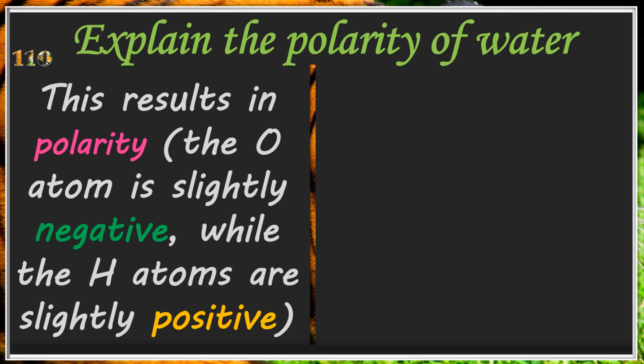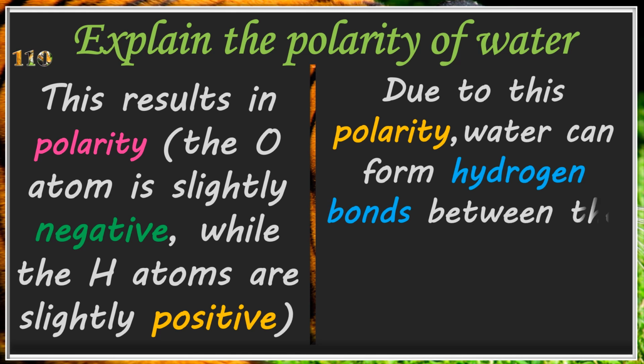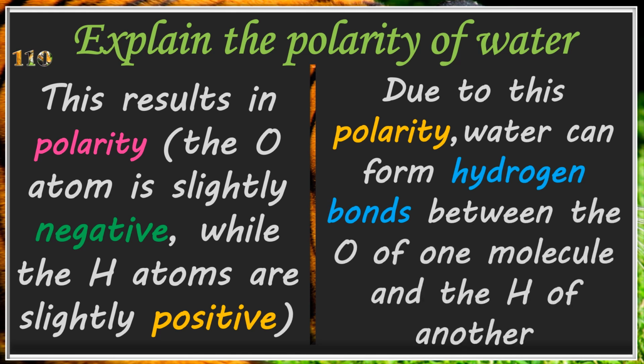The oxygen atom is slightly negative, while the hydrogen atoms are slightly positive. Due to this polarity, water can form hydrogen bonds between the oxygen of one molecule and the hydrogen of another.